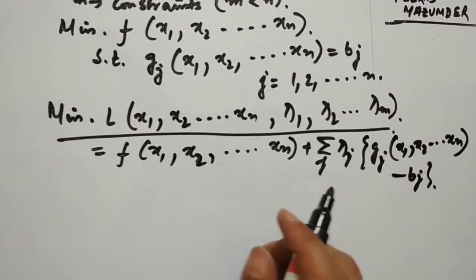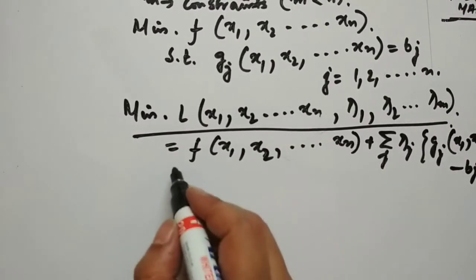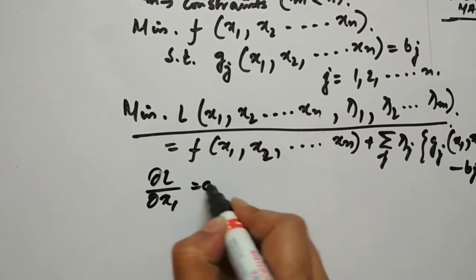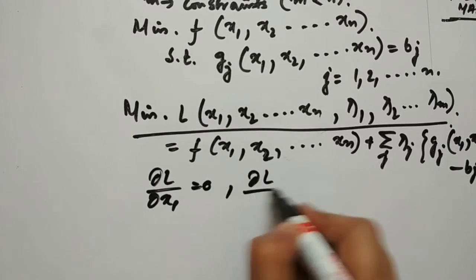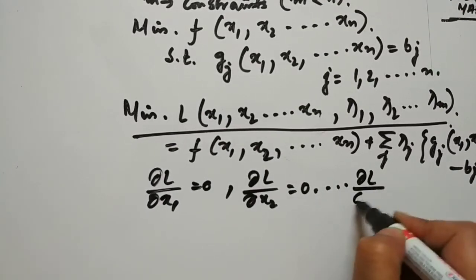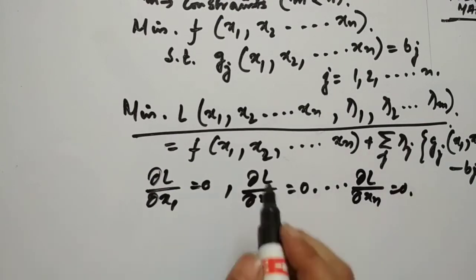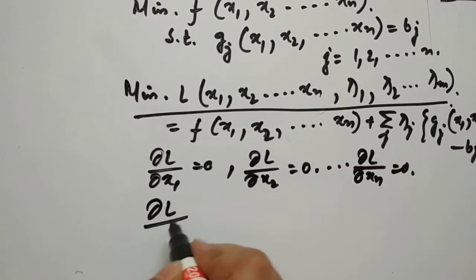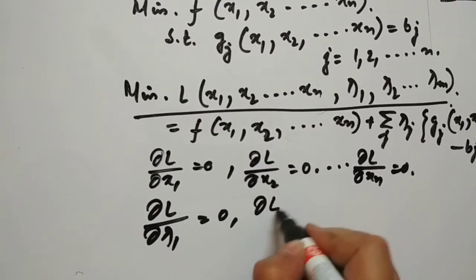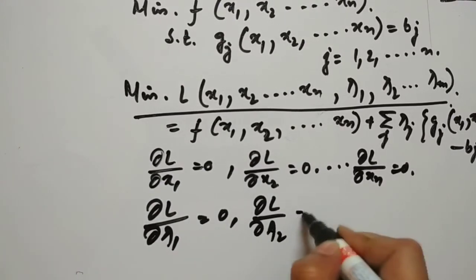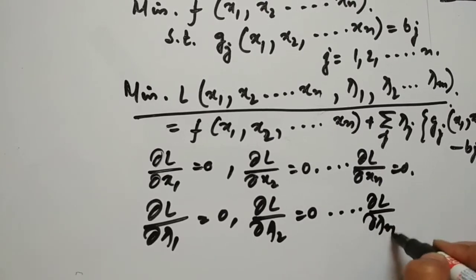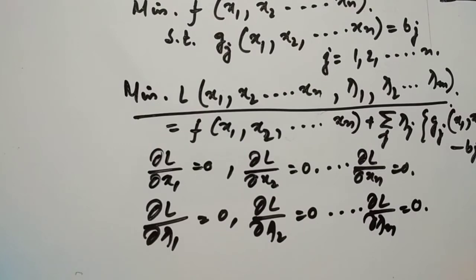Now the next step will be to find the partial derivatives: del L by del x1 equal to 0, then del L by del x2 equal to 0 up to del L by del xn equal to 0. Next, del L by del lambda 1 equal to 0, del L by del lambda 2 equal to 0 up to del L by del lambda m, you have to put 0 only.